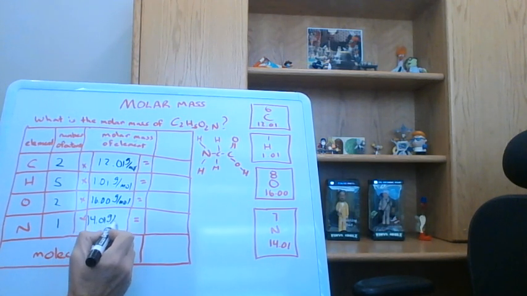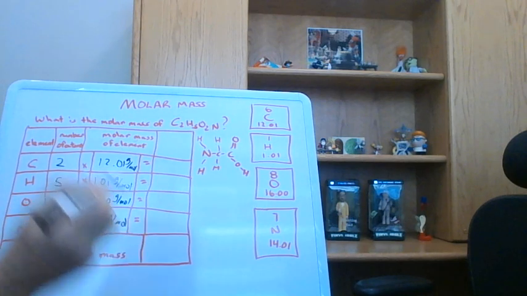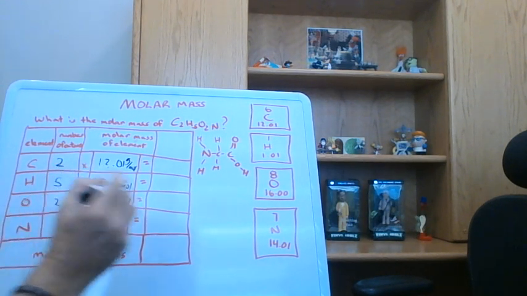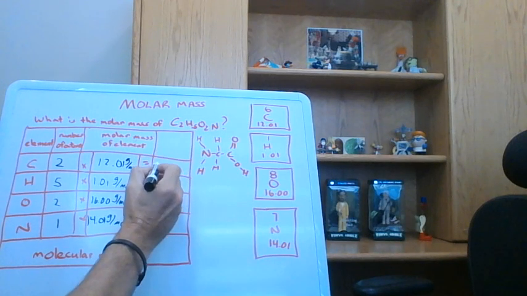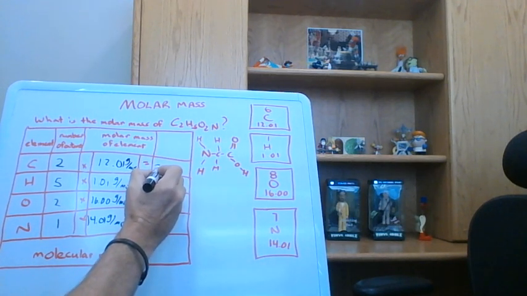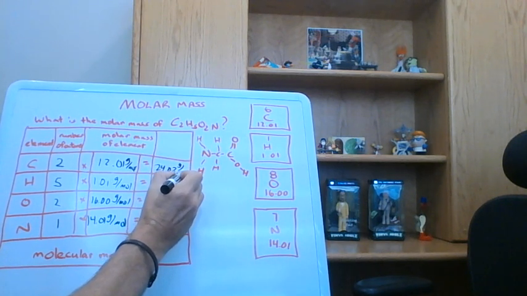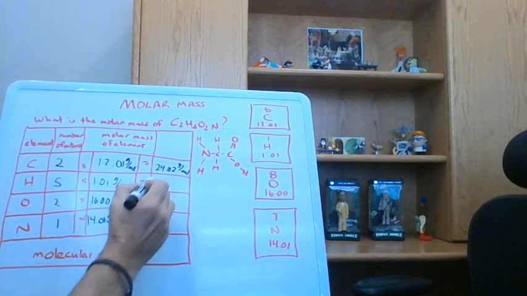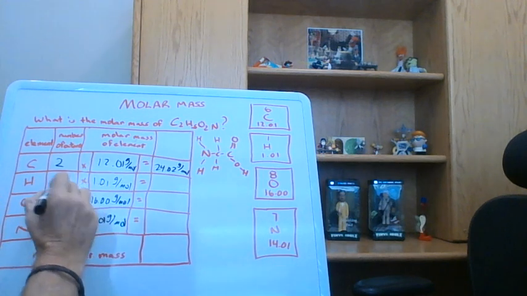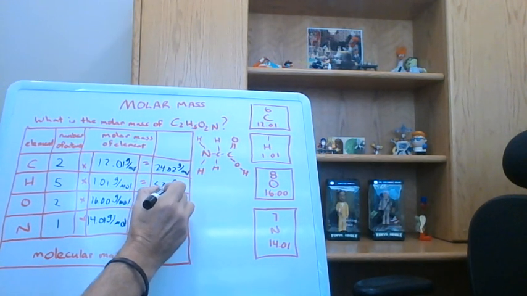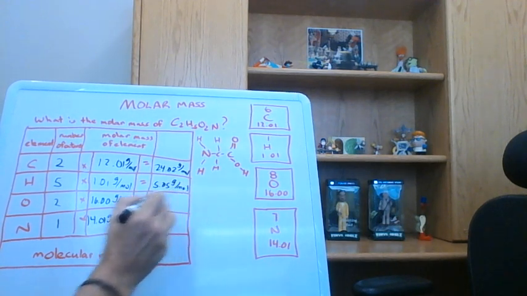14.01 grams per mole. Right, and since this molecule contains 2 carbon, we have to multiply 2 by the weight of each carbon. And so we get 24.02 grams per mole from our 2 carbon atoms. We have 5 hydrogen, so we multiply the weight of 1 times 5. 5.05 grams per mole from the hydrogen in that molecule.